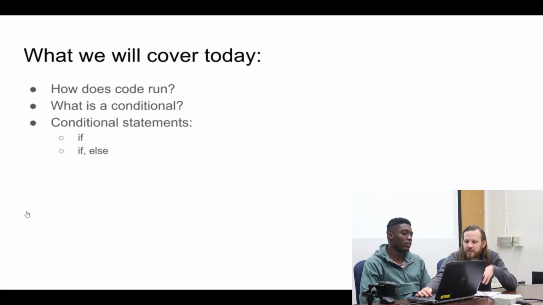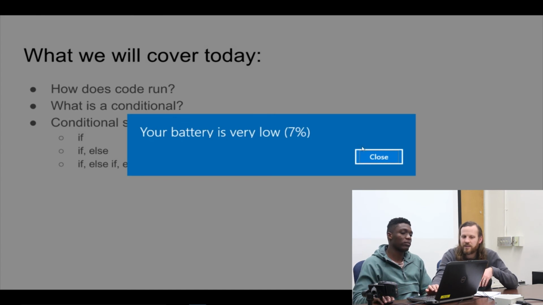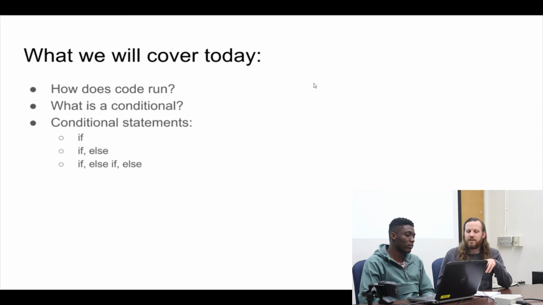If else gives us two blocks of code. Either it's true and then we run the code of the if, and if it's not true, then we run the code of the else. And then if else if allows us to have multiple conditions with multiple statements, multiple blocks of code.